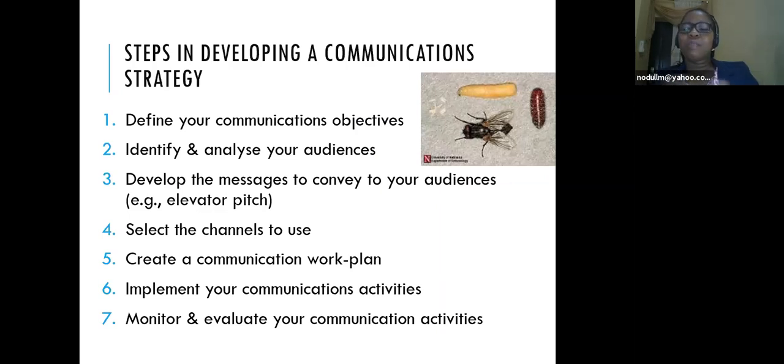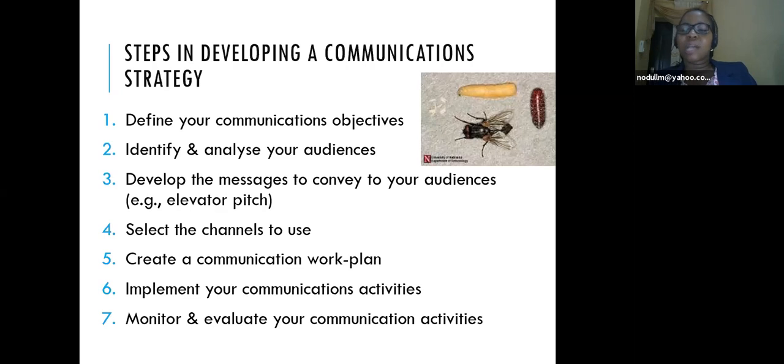So we develop our communications objectives, identify and analyze our audiences, and develop the messages that will convey what we have to our audiences that we have mapped. Then these messages can be customized, like elevator speeches, where the messages are brief and customized to meet the needs of the audiences.